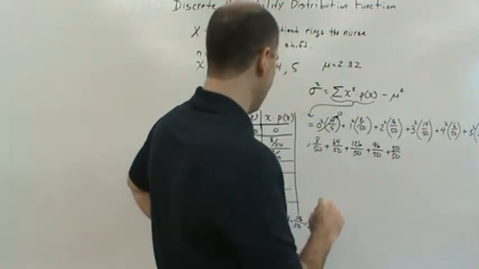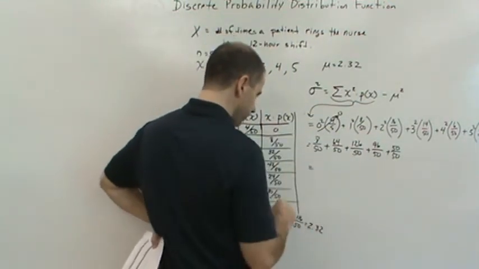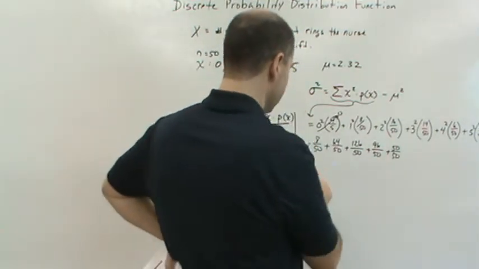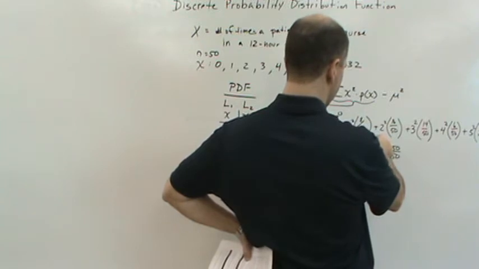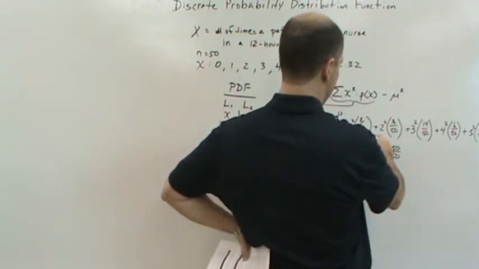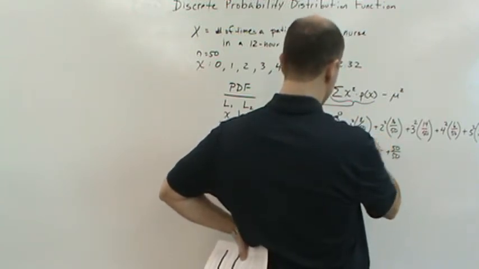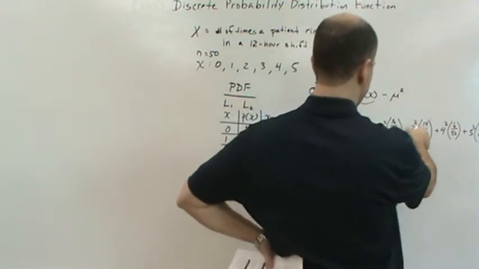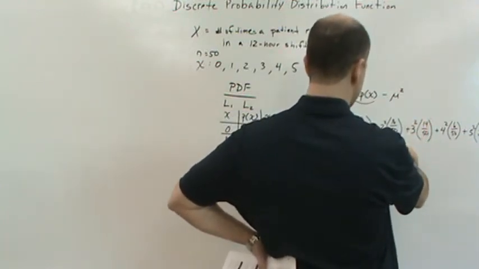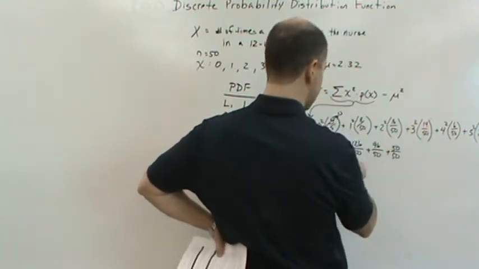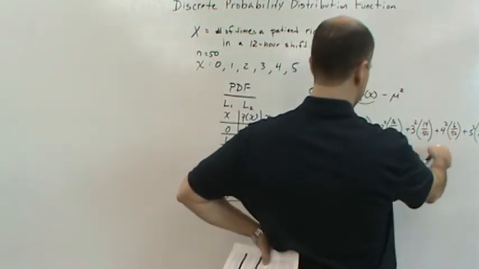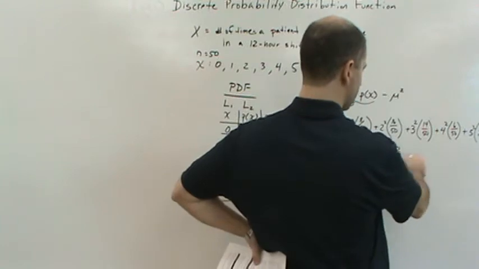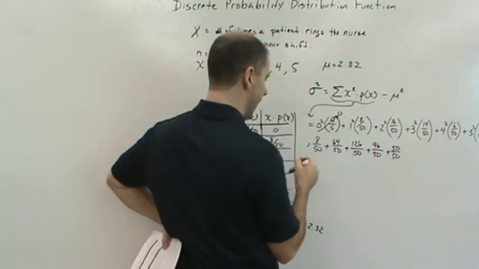So now what do we get? Well, let's just double check here. So that's 8 over 50, 64 over 50, 126, 96, and 50. Okay, so now we add.